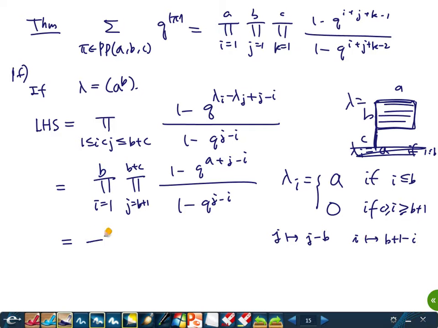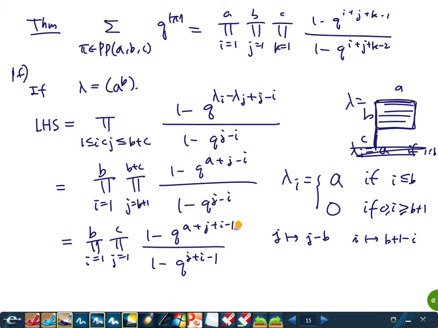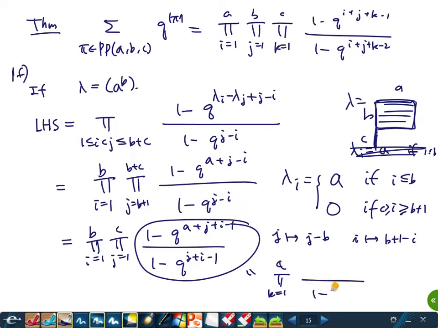We just reverse this, then i is still from 1 to B, j is from 1 to C. Now this changes to 1 minus q to the j minus B minus this. So it's going to be j plus i minus 1, right? And here, the same, A plus j plus i minus 1. But you can see now that this is equal to this. That's just a computation. You can write this as the product, k from 1 to A, of 1 minus q to the i plus j plus k minus 1 over 1 minus q to the i plus j plus k minus 2. So this is the end of the proof.